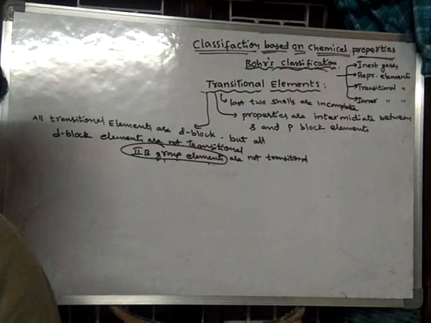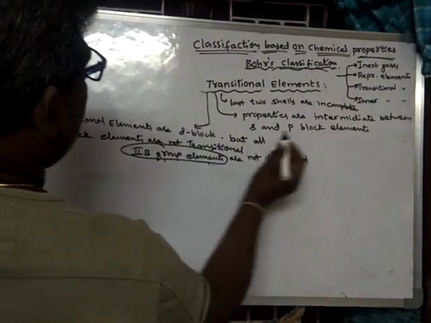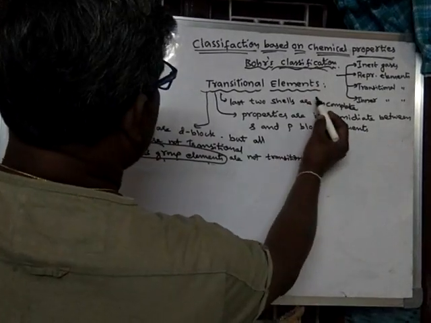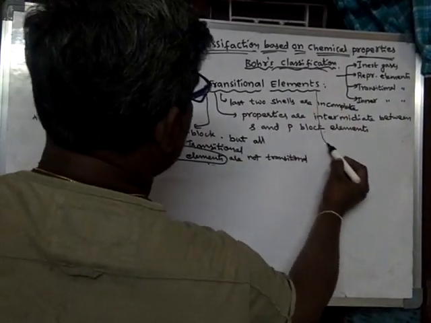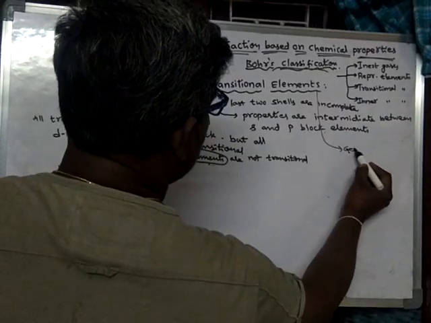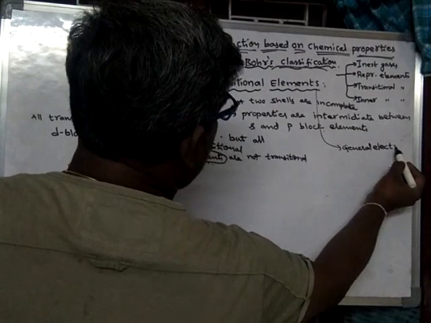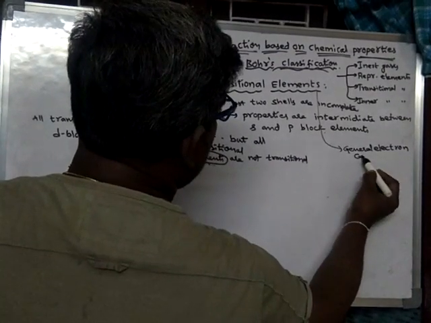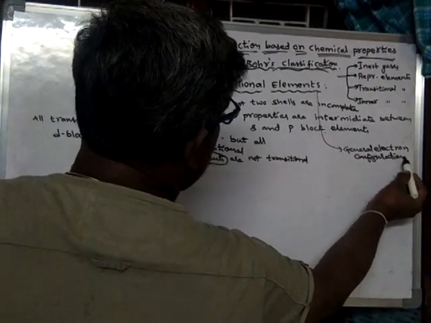Next, let us learn about the general electronic configuration of transitional elements. It will be like this.